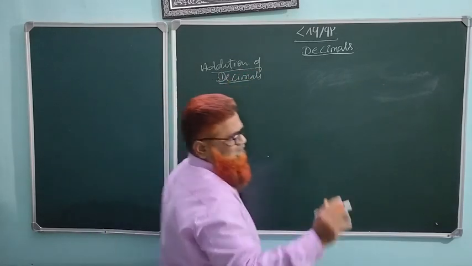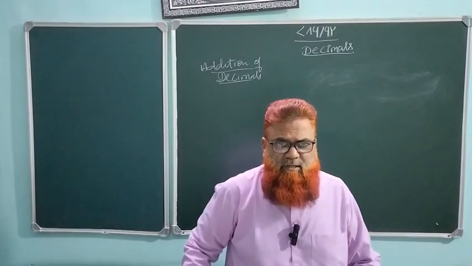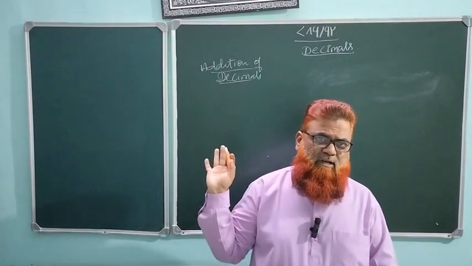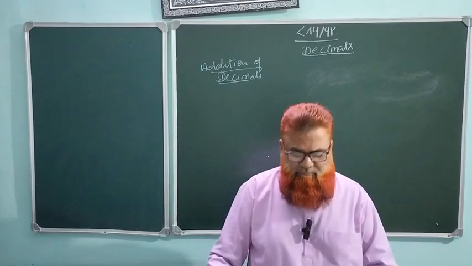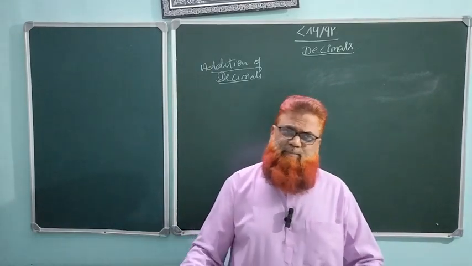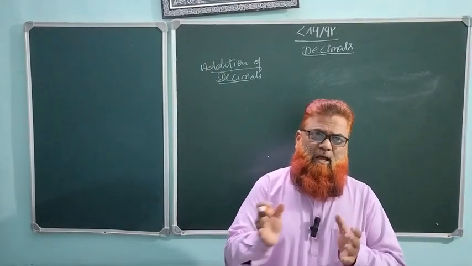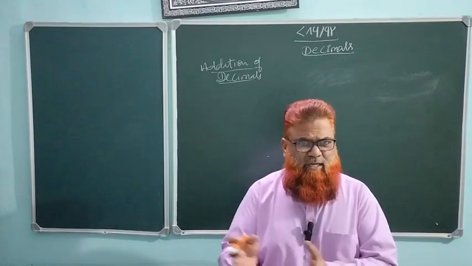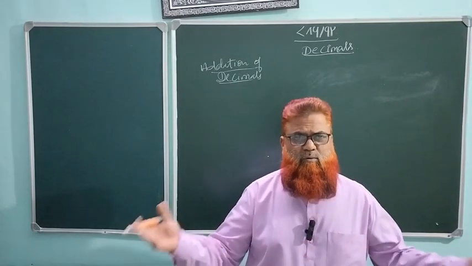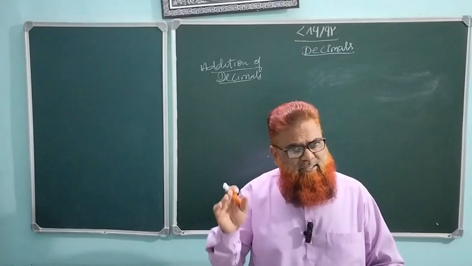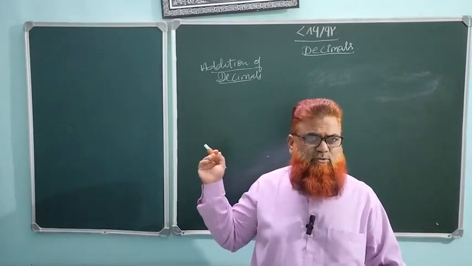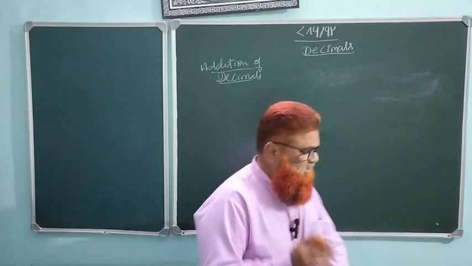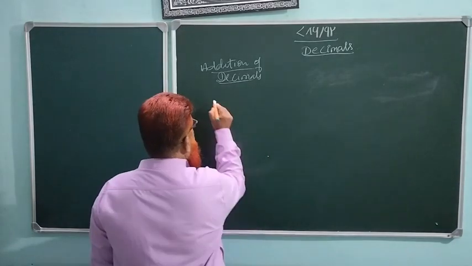Among our four fundamental operations, the first operation of mathematics is addition. Addition is a very simple process. The way it applies to natural numbers and whole numbers, in the same manner it also applies to decimals. Let's see how it is followed.